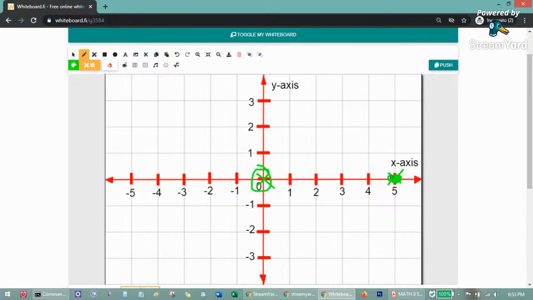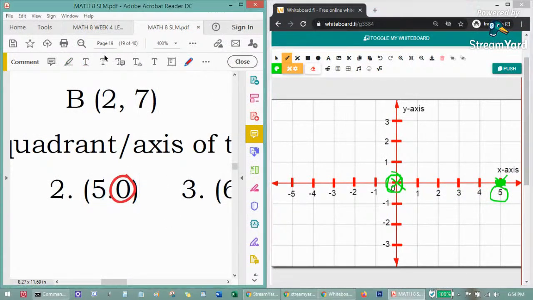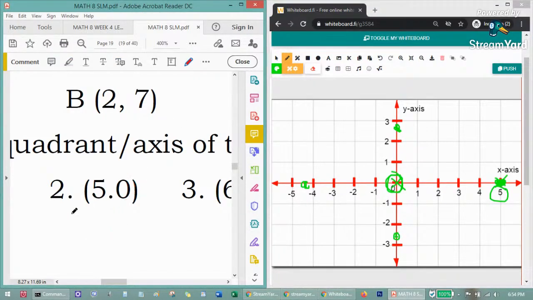So, anong tawag dyan? Kapag yung point ay nandun mismo sa line, nakapatong siya sa line, therefore, wala siyang quadrant. So, ang answer dito is no quadrant.